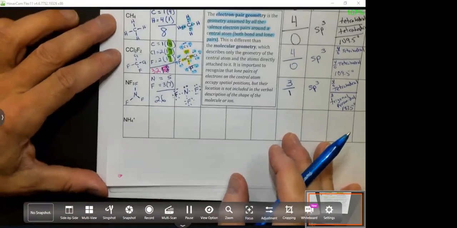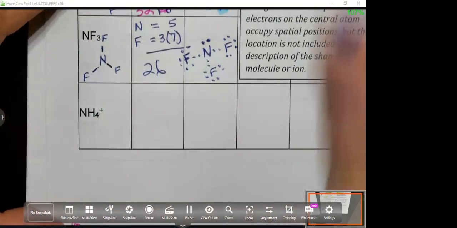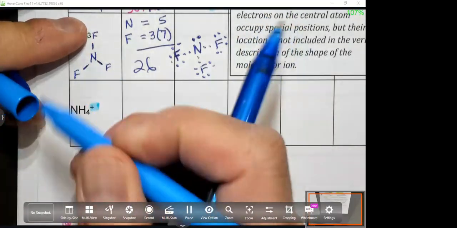Next one is a little bit different, but this is the first time we have an ion. So recognize that we have this charge right here.